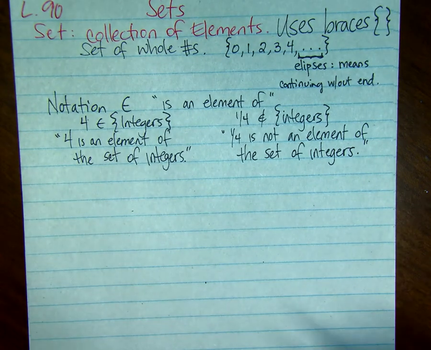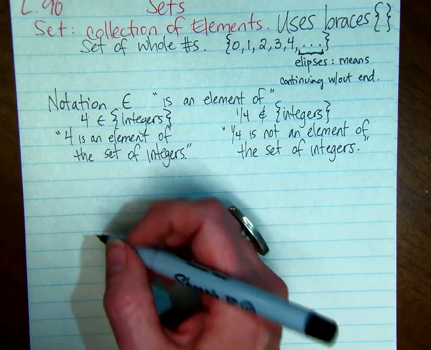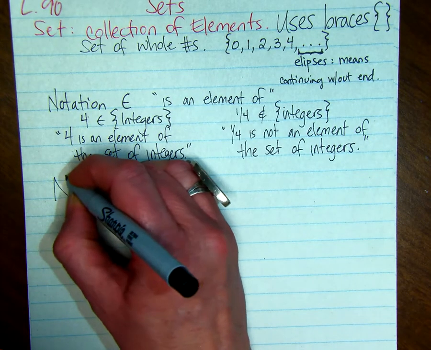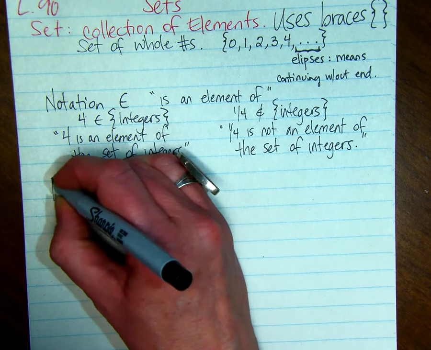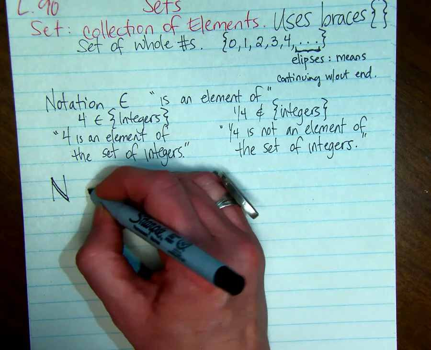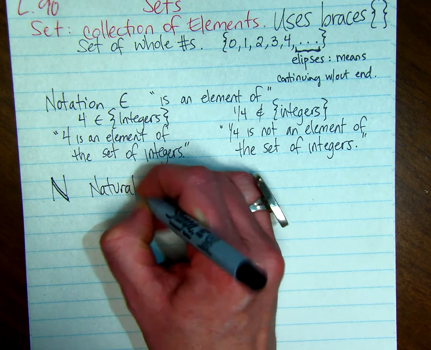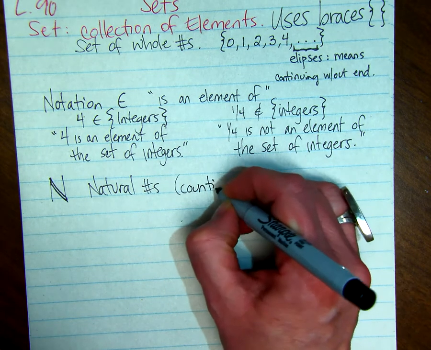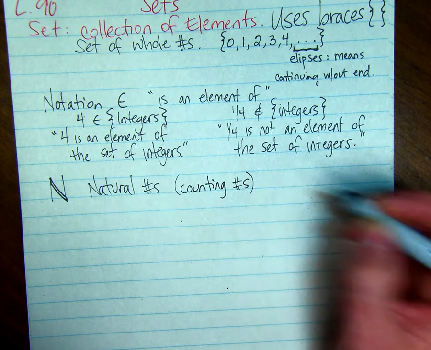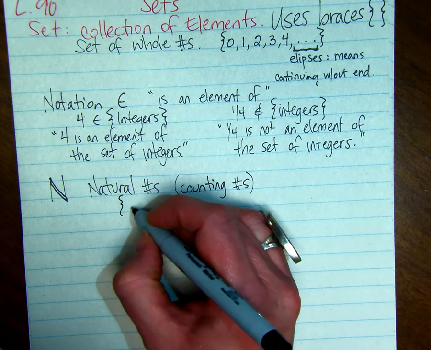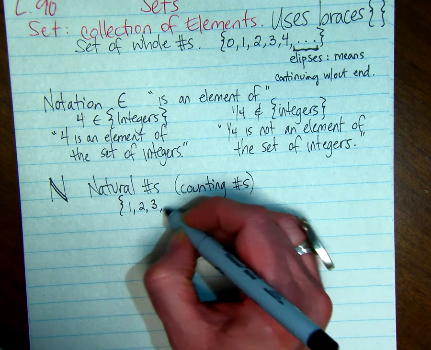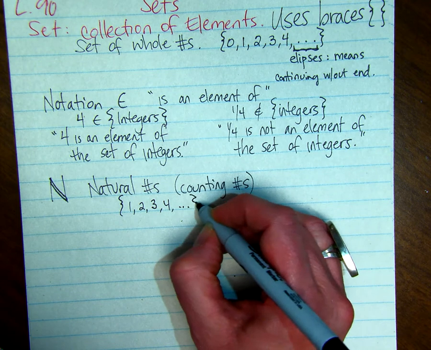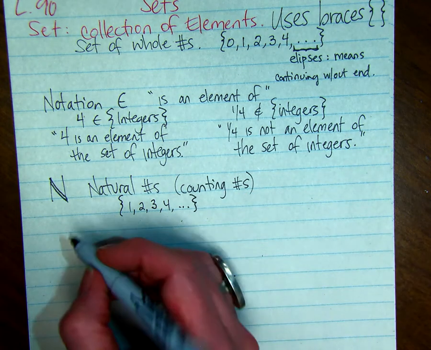We have symbols for each of the sets that we talk about. One is this N that has a double middle line. That stands for the natural numbers. Another word for natural numbers is the counting numbers. It's just the numbers that you use to count with. So we put our brace, we have 1, 2, 3, 4, and a set of ellipses to show that we're counting by ones.